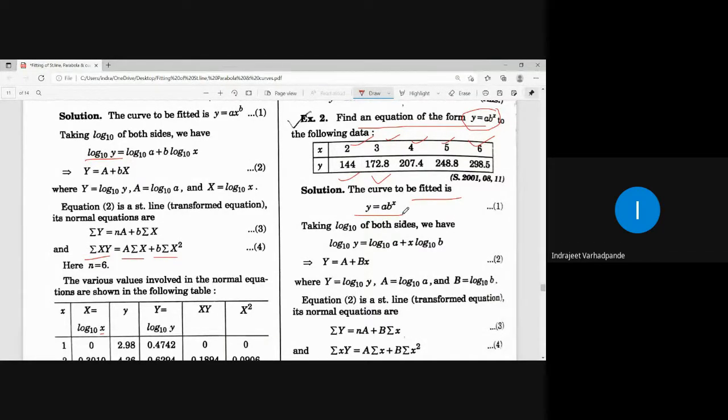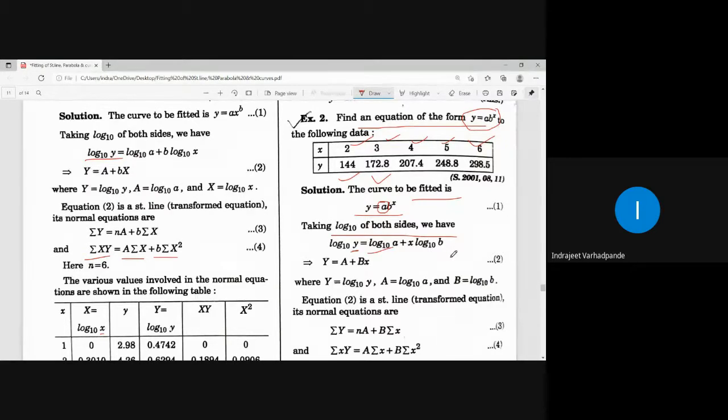As it is a problem of statistics, we take log to the base 10 on both the sides. So taking log to the base 10 on both the sides, we have log to the base 10 of small y is equal to log to the base 10 of small a into b to the power x. But log mn is log m plus log n. So this will be log small a to the base 10 plus log small b to the power x to the base 10.